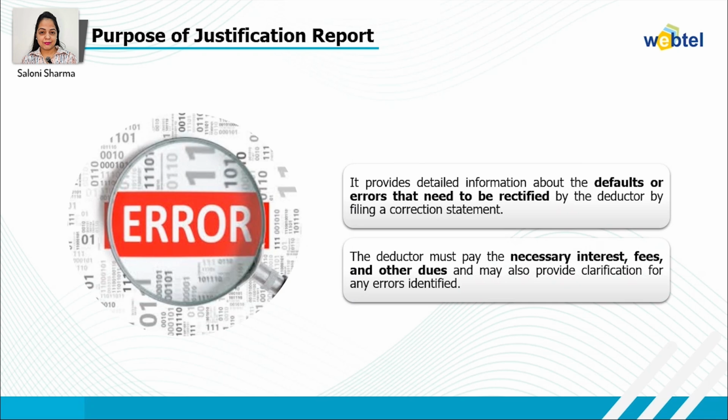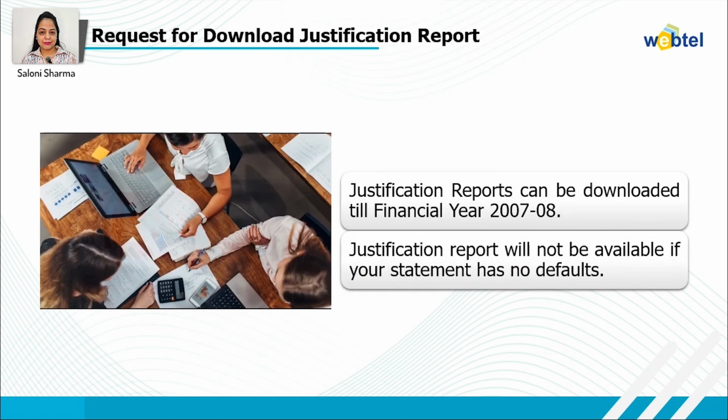So to know the errors or defaults, or in case the deductor has any interest or late fees that they need to pay, they need to check via the justification report. So this is the purpose of having a justification report.